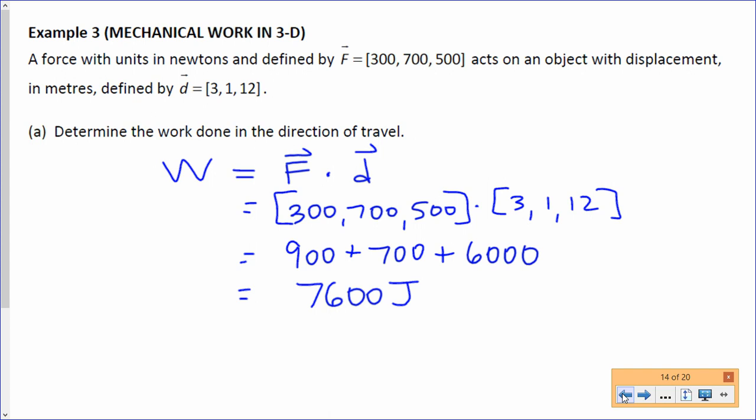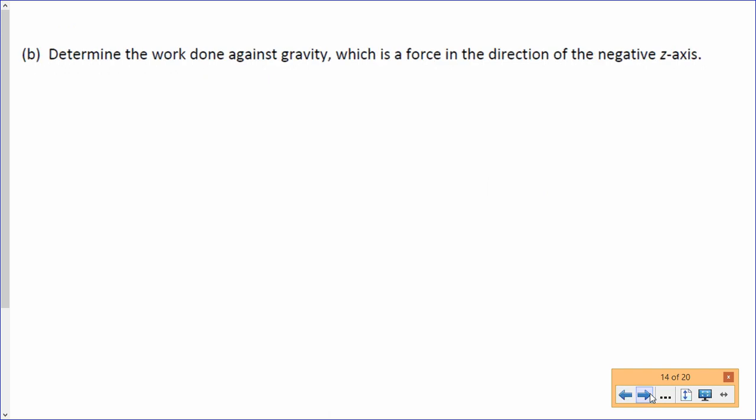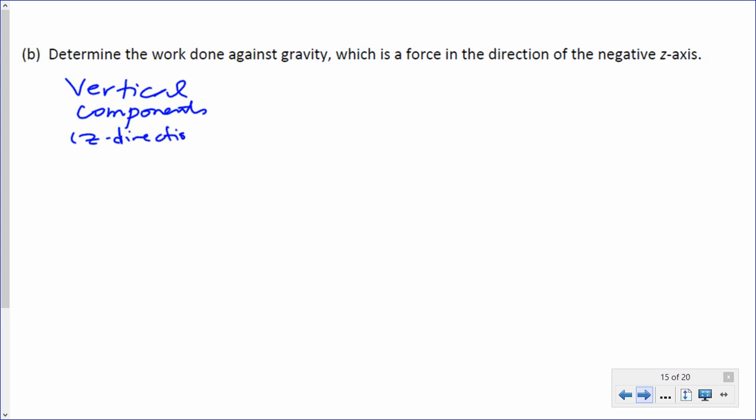The z coordinate. So what should I do with the x and y coordinates if I just want to focus on z? Plot placeholders of 0. So the vertical components, right? The z direction.